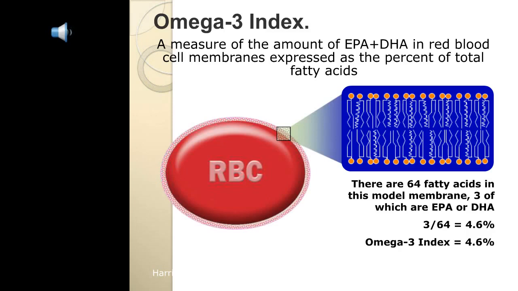So a red cell, a bit like an HbA1c, would represent a 3-month integral of the fatty acid pattern for that individual, and the amount of the individual fatty acid compared to the total fatty acid composition would give you a marker of its relative enrichment.